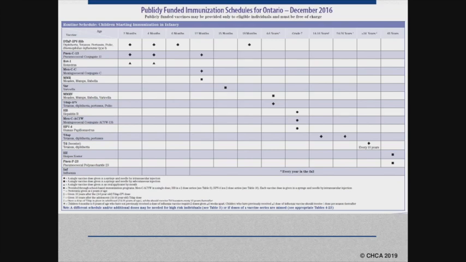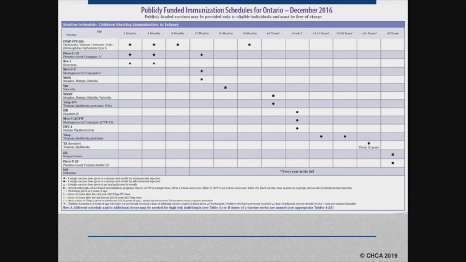Moving across, when you see the diamonds or the rectangles or the other shapes, you can use the legend below to determine them. I'm fairly sure that you have had some experience with this, so I won't go much further into it. But if you have any questions about the immunization schedules, certainly there is a useful tool on the Canadian Immunization Guide website, which is a separate one, where you can look up immunization schedules for any patient in any province.